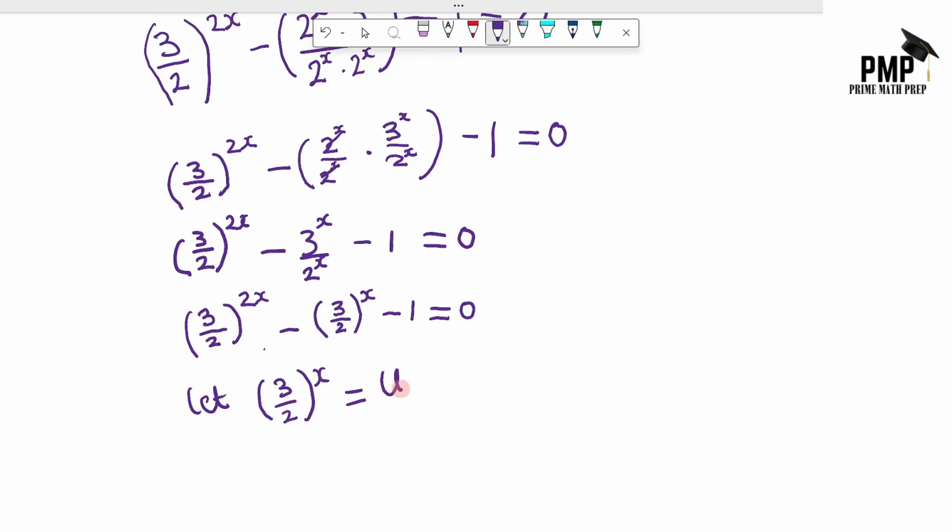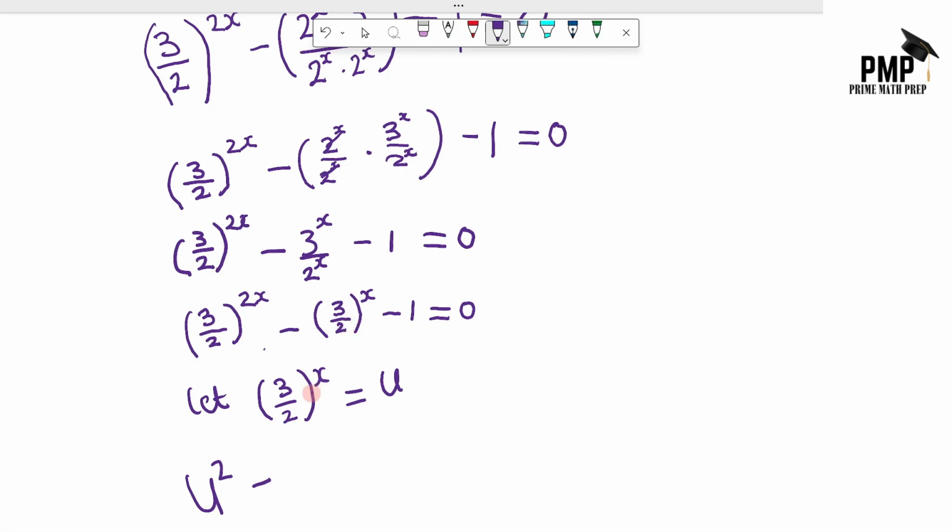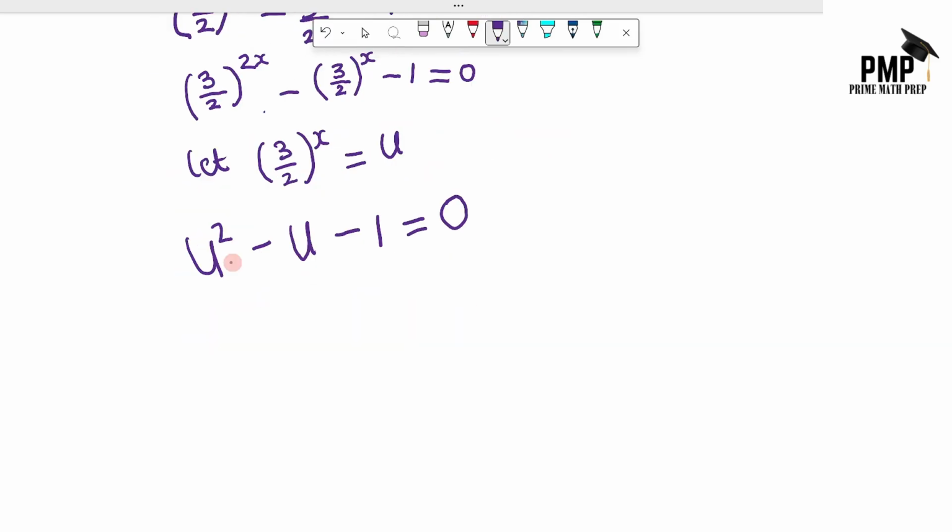When we substitute u into all this, we will have u squared minus, this is already u, minus u, minus 1 equal to 0. Now our equation has turned to quadratic.